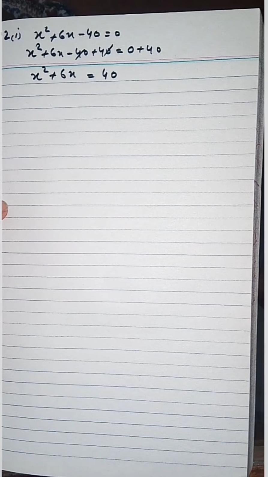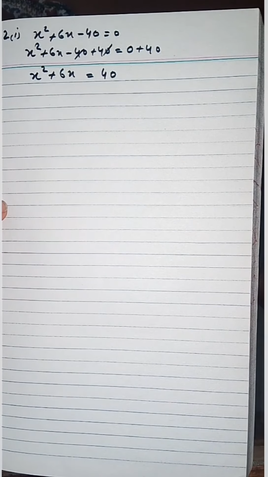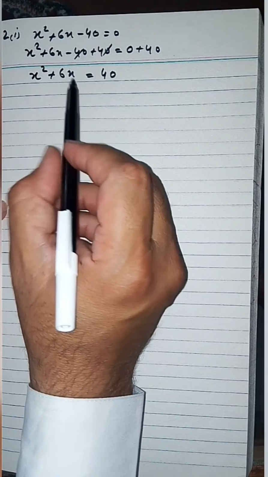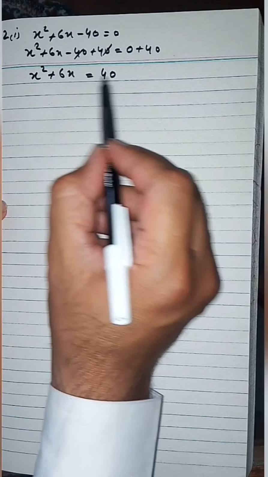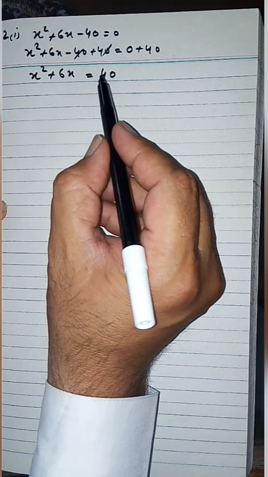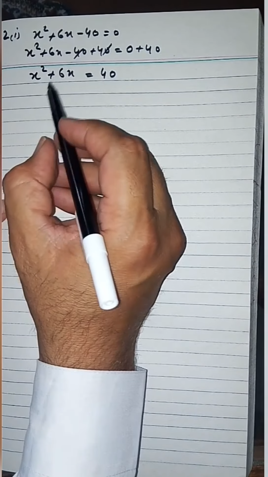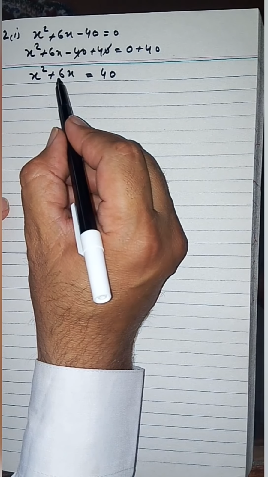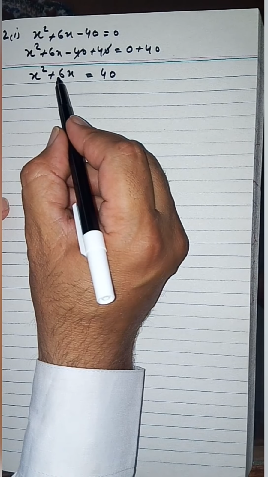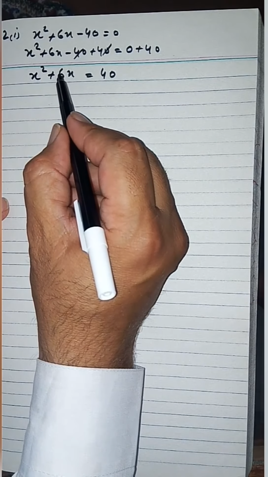The next step is that we will add something on both sides. What we will add? The coefficient of x divided by 2 and taking its square.